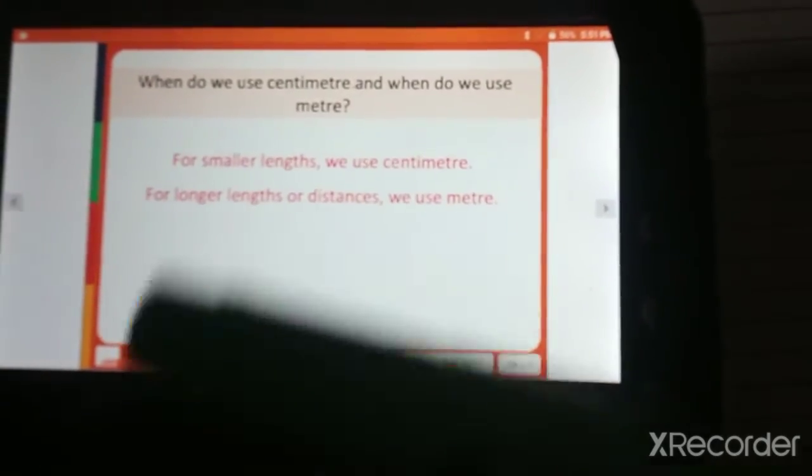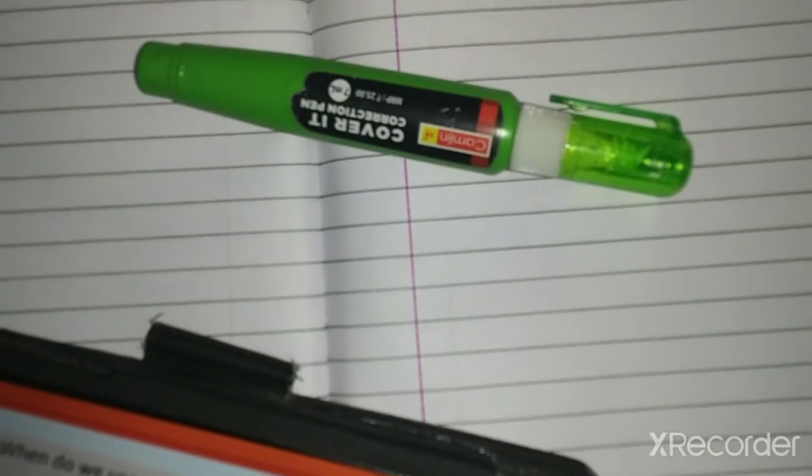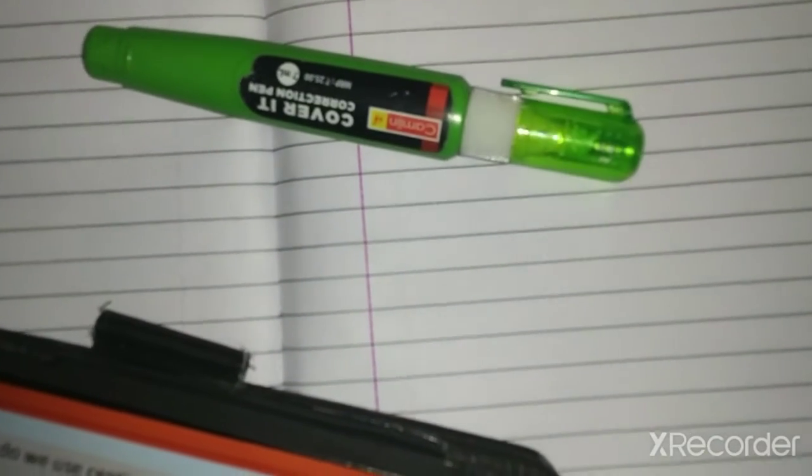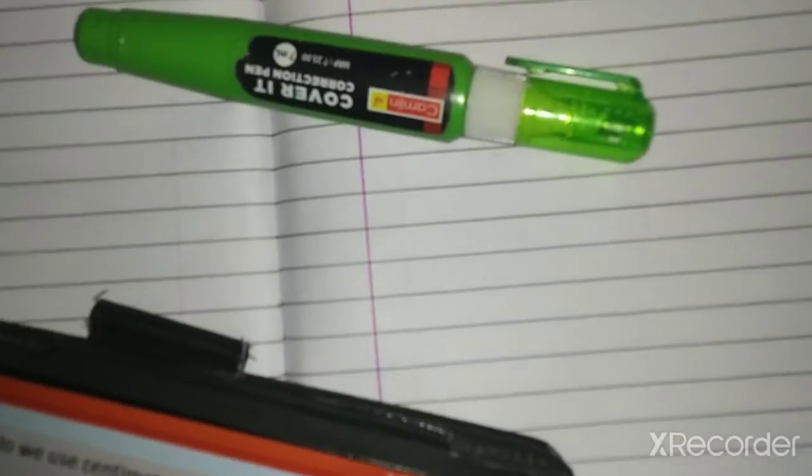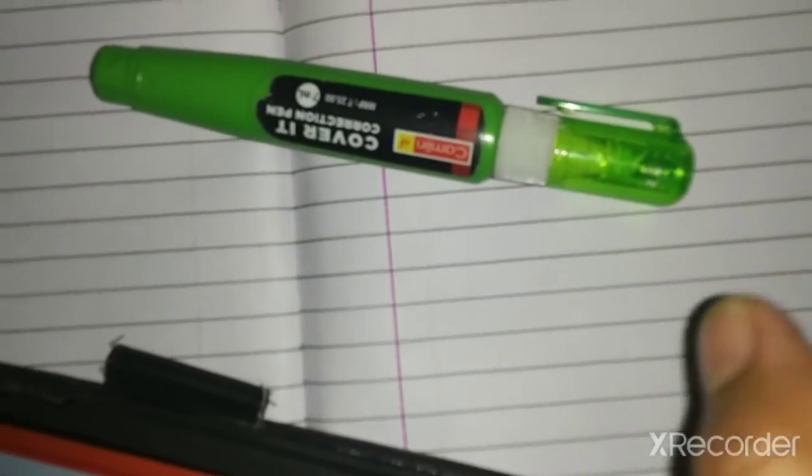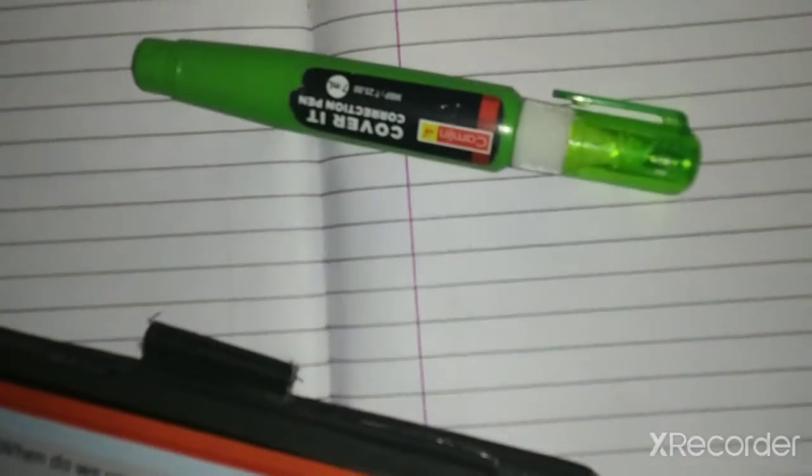For example, what is this, students? Again I'll show you. This is a correction pen. At that time we'll use the centimeter, because it is a smaller unit.